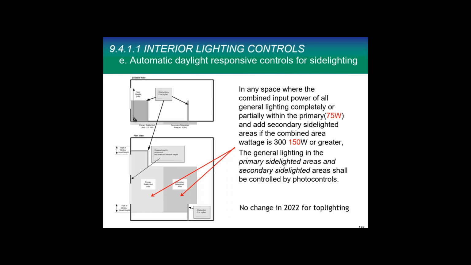the way you do it is you measure up to the top of the window from the floor. That gives you the height of an area. So this is the section view. This is the window in the wall. Now, this is the plan view. So you take that height and you lay it down right here, and this is your primary sidelight area.